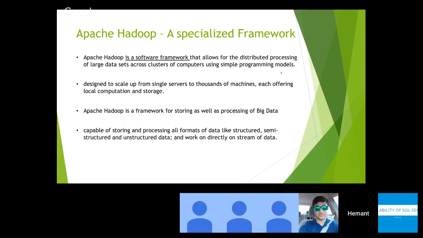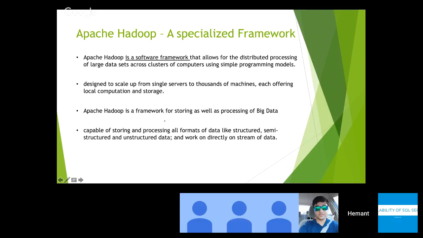There's no hardware acceleration, and the hardware anatomy is not changed. Whatever resources are present, we use them in the programming model. It is designed to scale from single servers to thousands of machines, each offering their own local computation and local storage. And when it comes to the local storage, we'll talk about it.